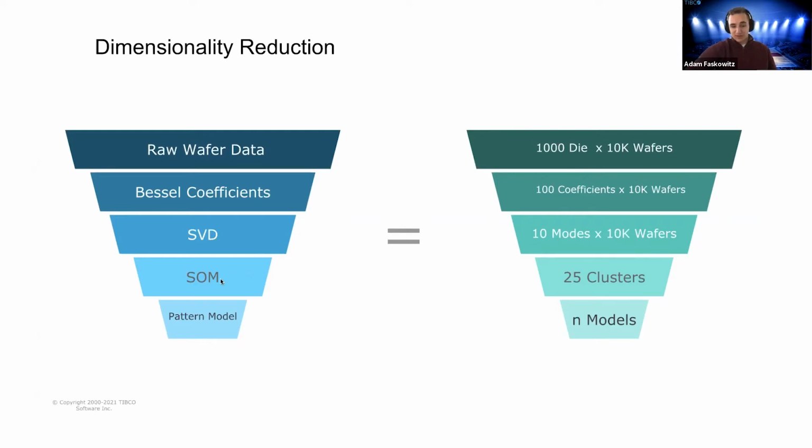And we couldn't really do this without performing these intermediate steps of the Bessel coefficients and the SVD, because doing just clustering on that raw wafer data, we didn't get great results, because like I said, there are these missing values that can actually stop clustering from even happening. There's also these heavily correlated columns that would lead to types of clusters that weren't meaningful. So these steps are to help make this step more effective.